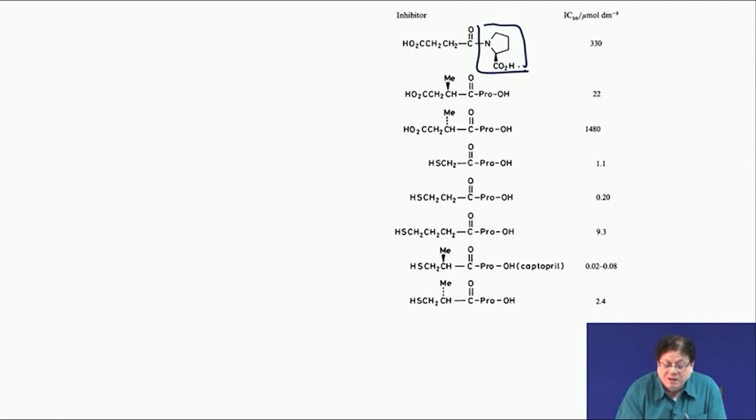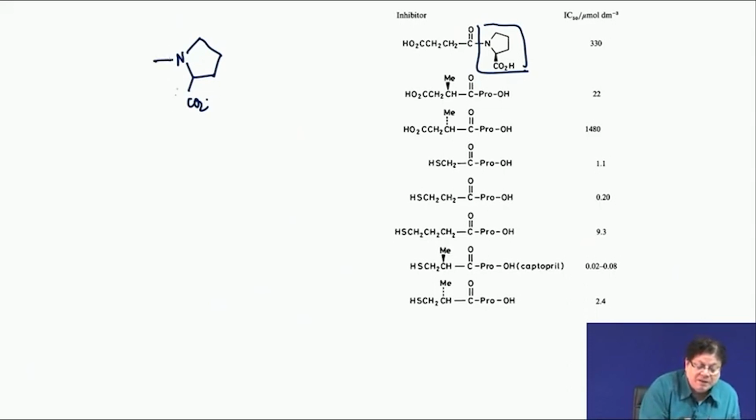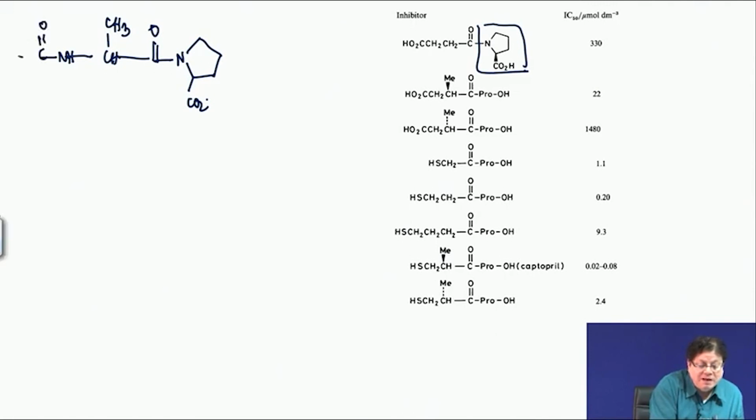See, the starting snake venom peptides were proline, and then you have an alanine, that means N, CO, CH, CH3, this is alanine, and then if you remember, there was an aromatic amino acid here, CH, and then NH, then CO, then an aromatic amino acid like tyrosine or phenylalanine, that is in the peptides that were isolated from the snake venom.